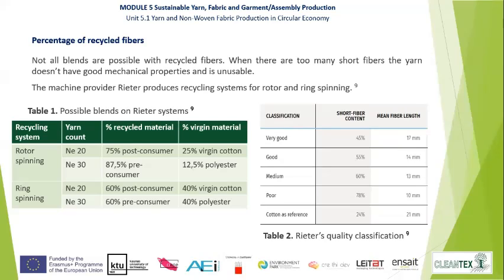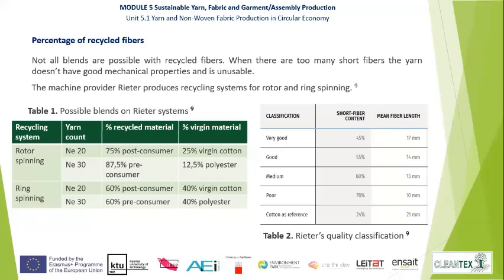This difference can be explained by the fact that the post-consumer recycled material is damaged by usage, so it will be more fragile than the pre-consumer recycled material. We can find the difference between the post-consumer and the pre-consumer material in unit 5.3, which is about technologies for textile recycling.